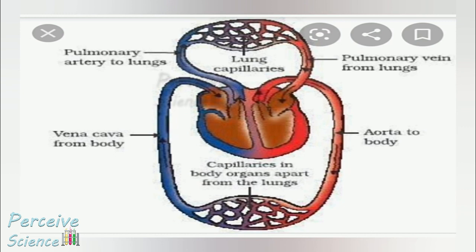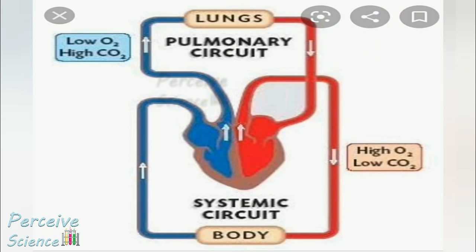As you can see in the diagram, the left side of the heart carries the oxygenated blood to the capillaries in the body organs apart from the lungs. And when this blood is used up, it gets deoxygenated and carries the deoxygenated blood to the right side of the heart, to the right atrium and then to the right ventricle, which then pushes it to the lungs.